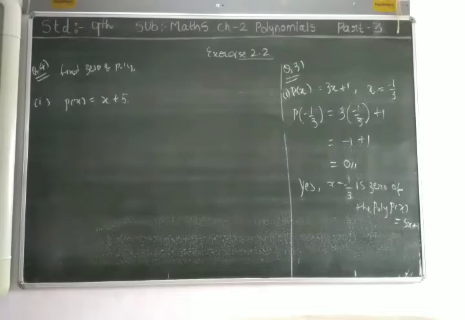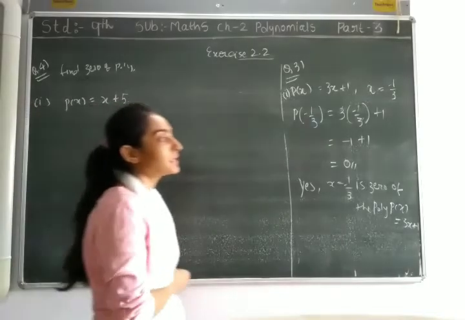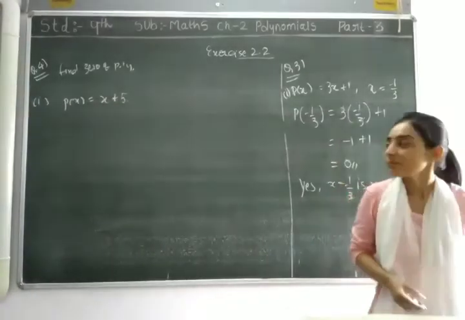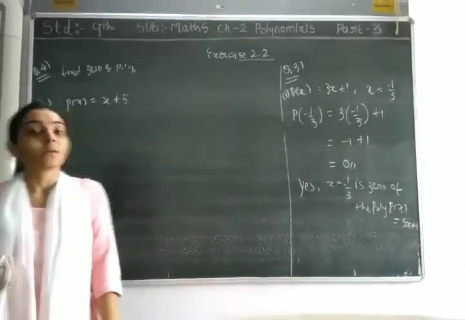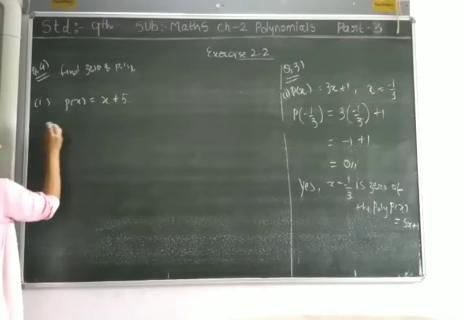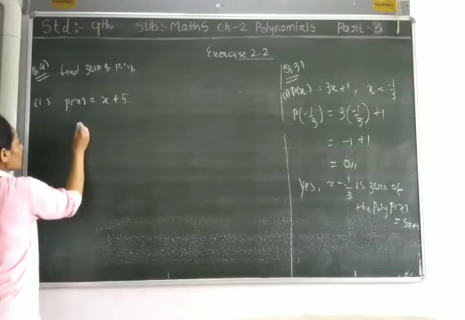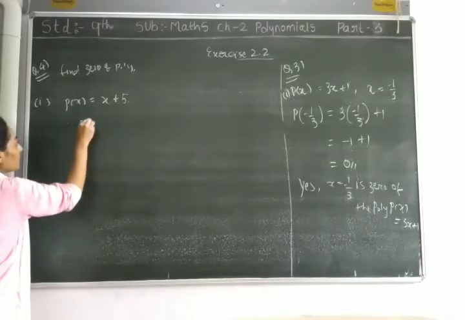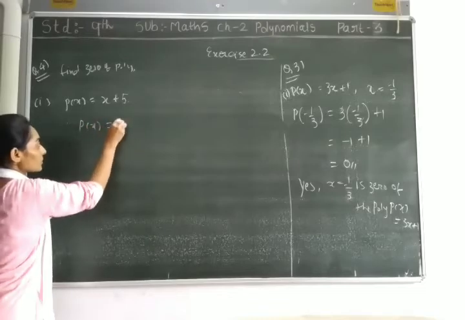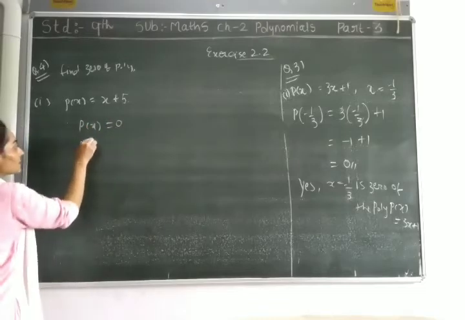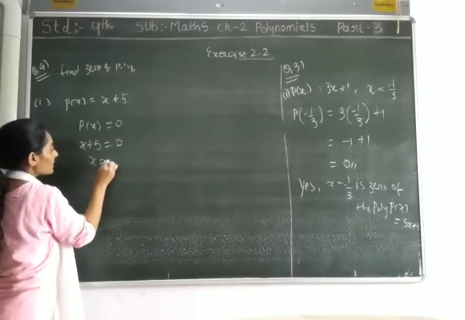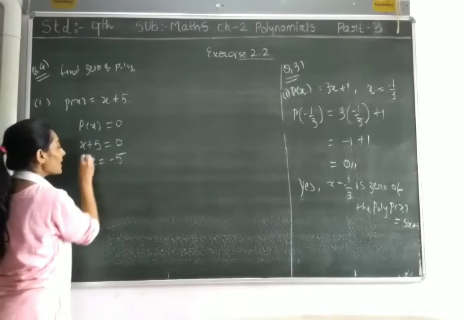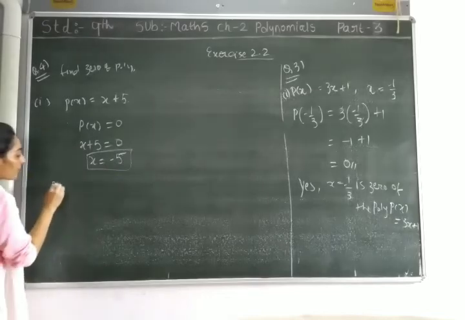Finding the zeros of the polynomial is nothing but setting p of x equals 0. Therefore, p of x equals 0, so x plus 5 equals 0. So x equals minus 5.